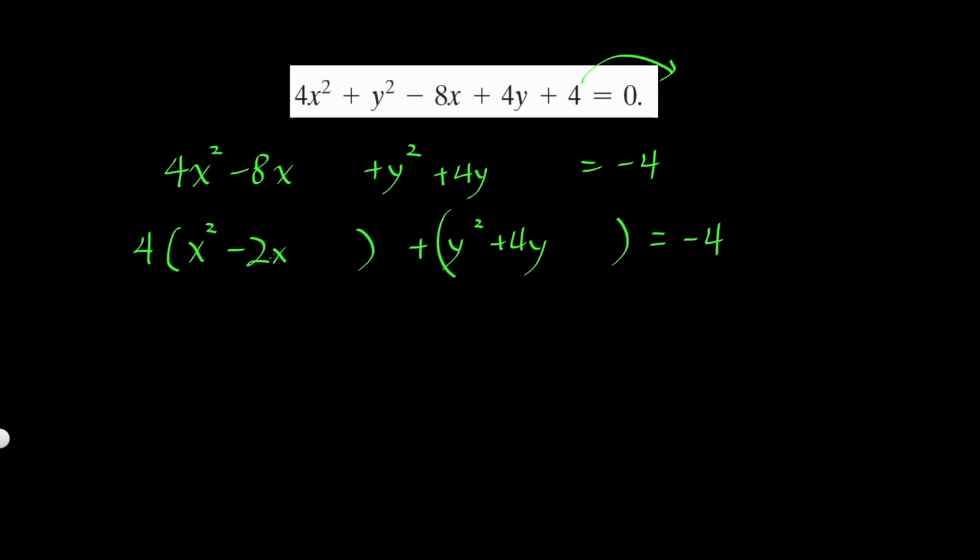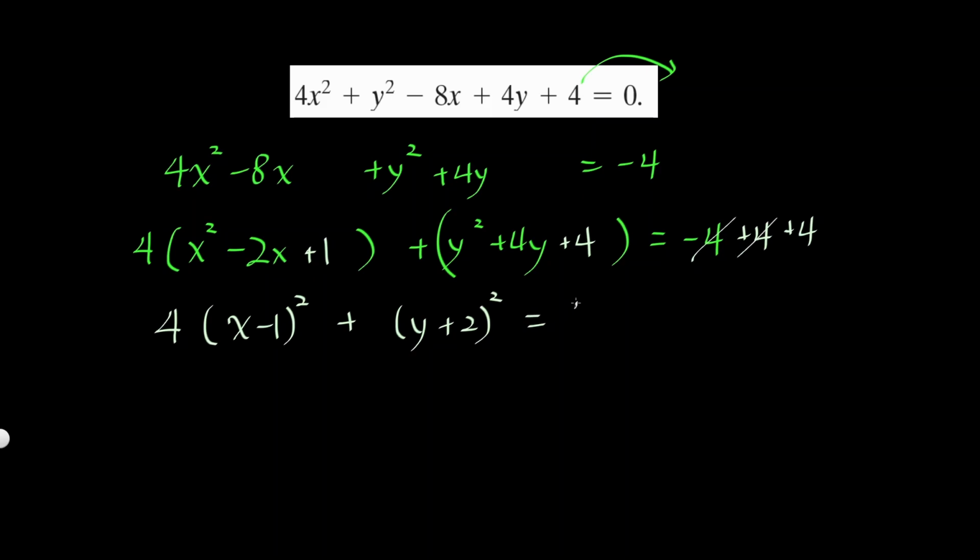Now I need to divide this by 2, so it's negative 1. Square that, it's plus 1. So you're going to add that. By adding 1, I actually added 4 times 1, so I'm going to add 4 here as well. Here, divided by 2, square that, which is 4. And then I have to add 4 here. Now, when you complete the square, it's 4 times (x minus 1) the whole thing squared, plus (y plus 2) the whole thing squared, and the right side cancels out to 4.